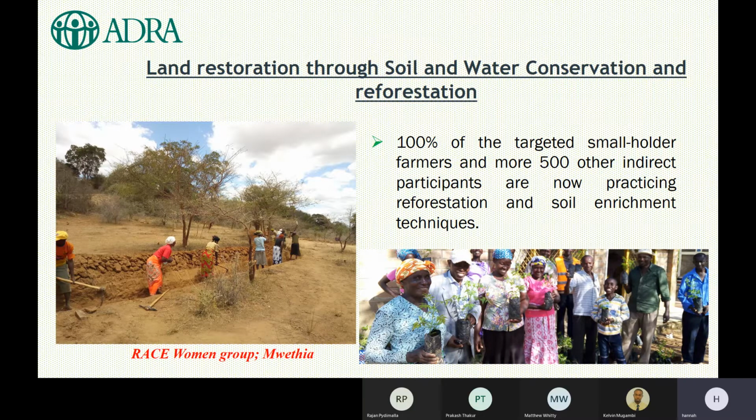So this enrichment technique is quite useful for them, and also supporting them to acknowledge the native drought-resistant grass species. They can use it. It's something that they are very much aware of.